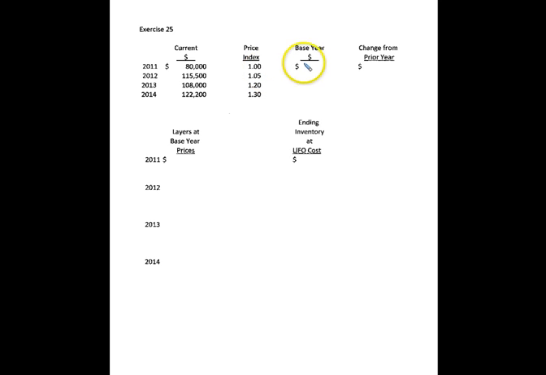So we would have $80,000 of inventory for the base year, and there is no change from prior years because this is the first year. So our ending inventory at base year prices is $80,000. And that's also going to be at a LIFO basis, so $80,000.